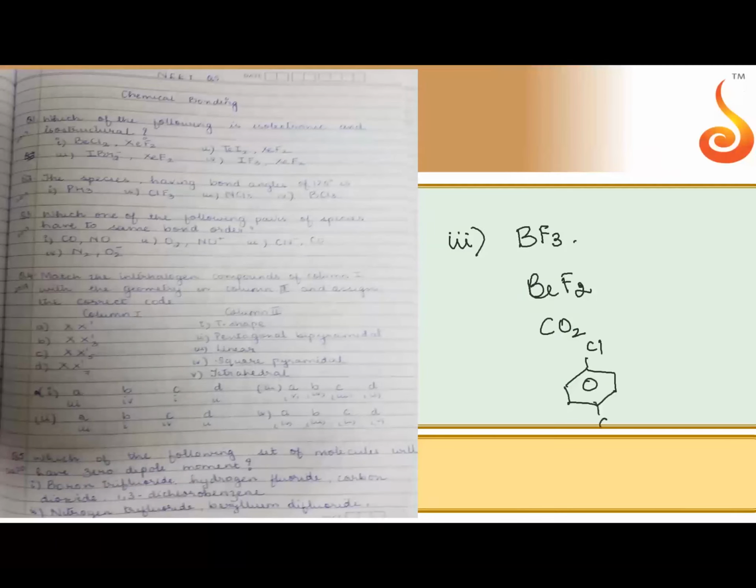All of them are symmetrical. All of them are non-polar. And I'll tell you a few other compounds which were given here, which were polar. Hydrogen fluoride is obviously polar. 1,3-dichlorobenzene, meta-dichloro or ortho-dichlorobenzene are polar.